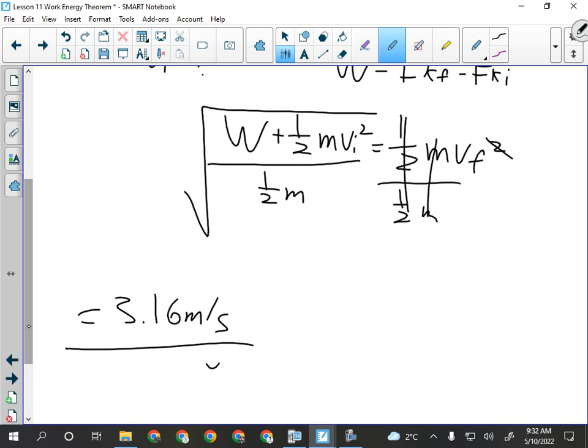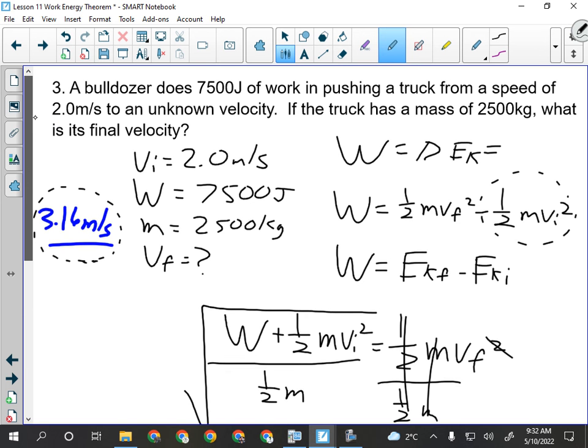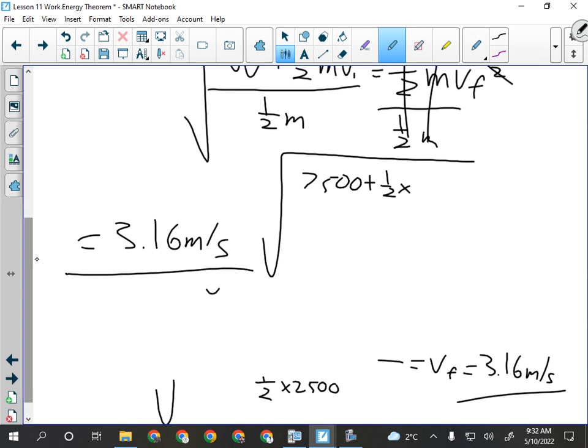So when we plug in our numbers, we're going to have 7,500 joules, that was the amount of work, plus 1/2 times 2,500 kilograms times 2 squared divided by 1/2 times 2,500.